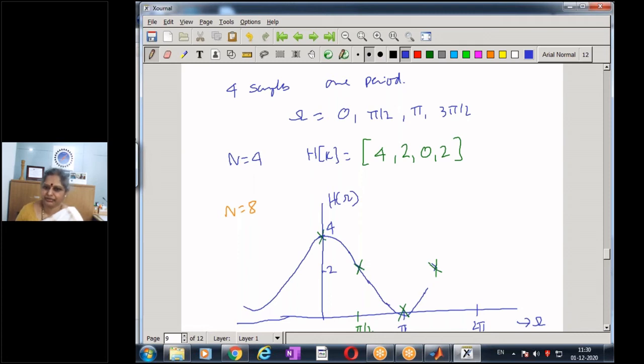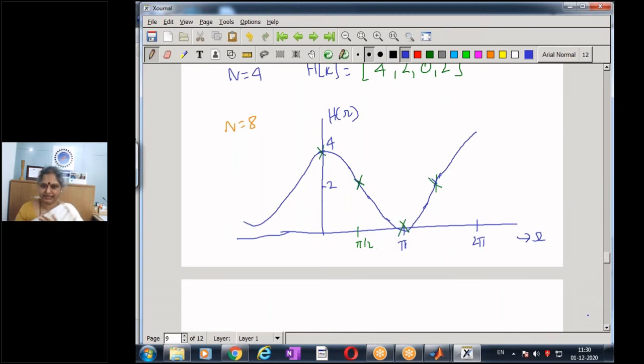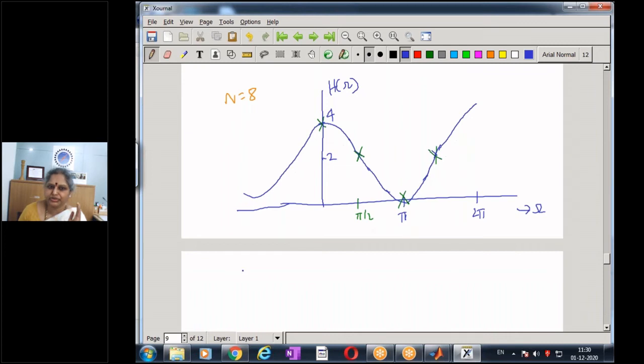This is a very simple example that we have taken, and hence it is real. Otherwise, we normally have H of omega as a complex function, with magnitude and phase. So now if n is equal to 8, what will be my omega? I need to take 8 samples.